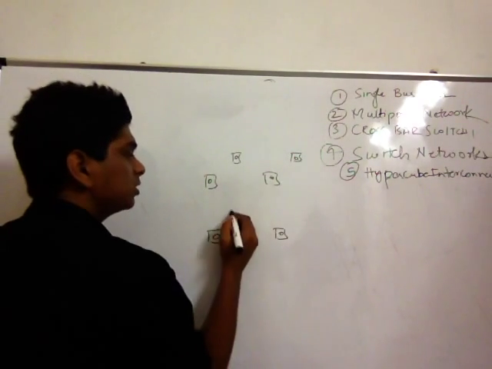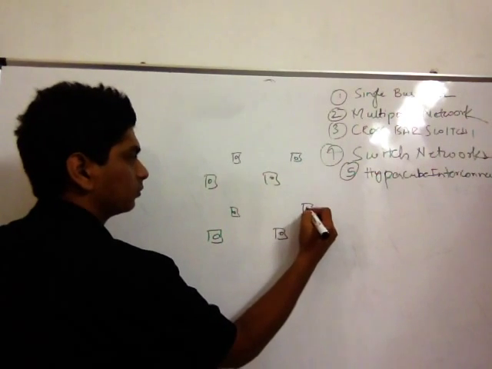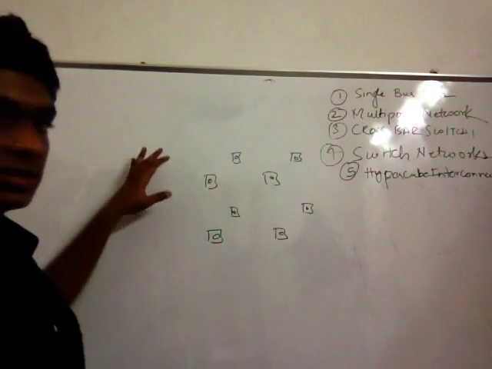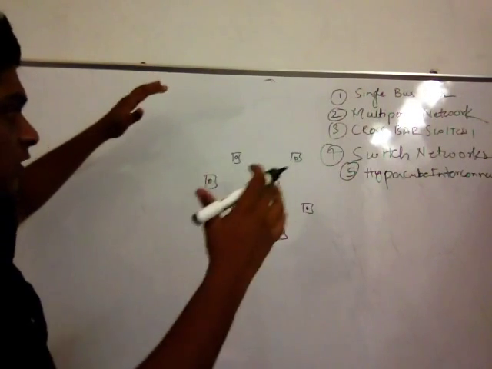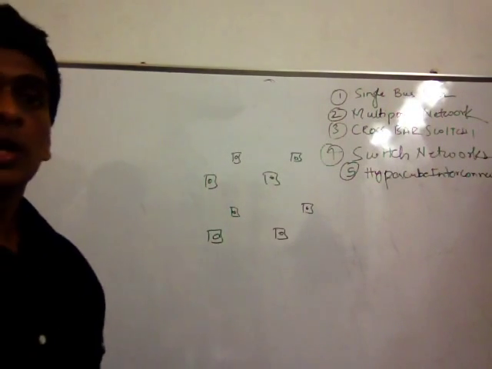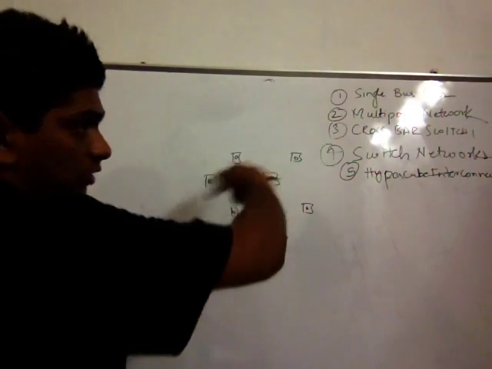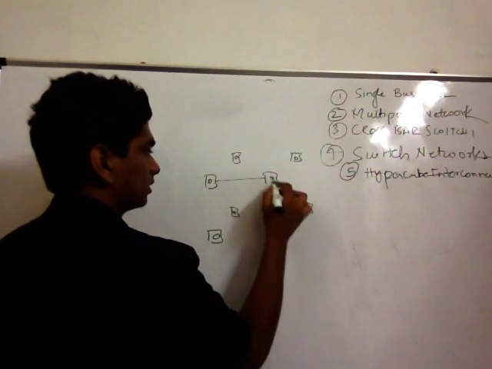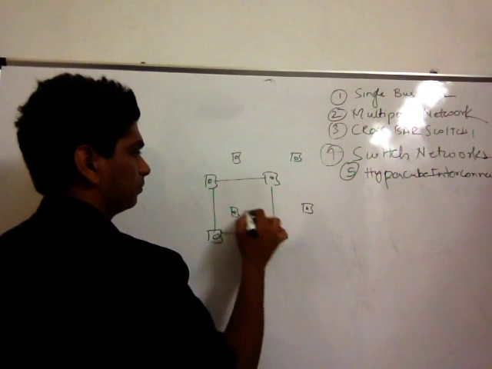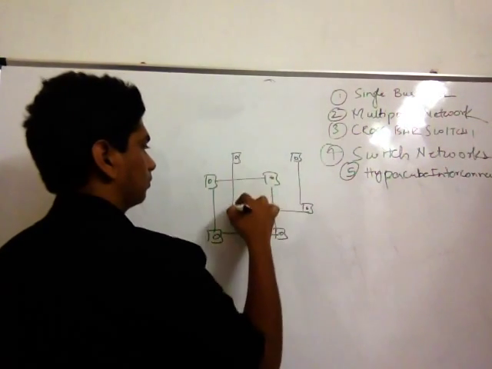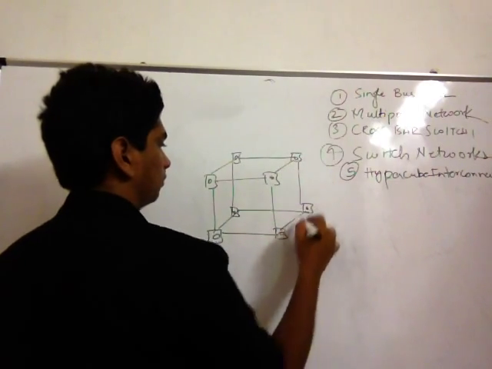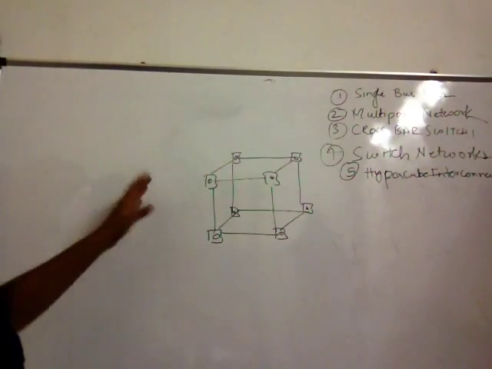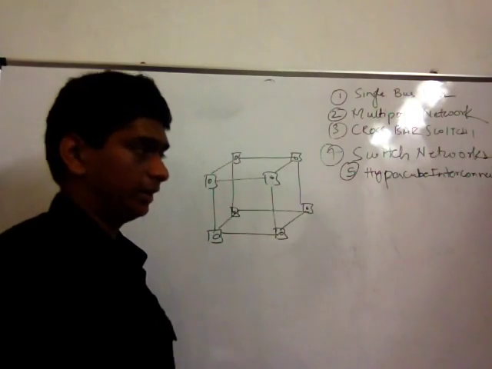It is a 3-dimensional cube. If you look at this, it's just an unarranged patch. But however, once you draw the lines, it's going to be clear. That's it. That is your interconnection.